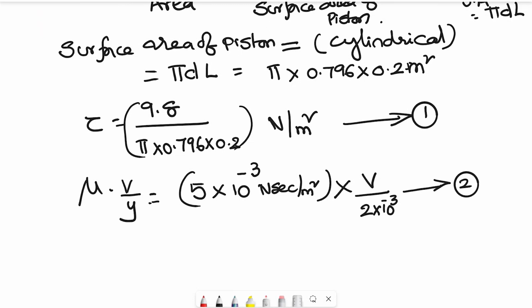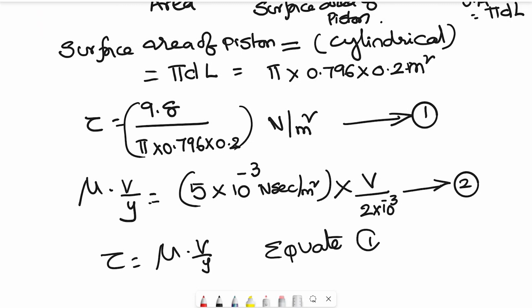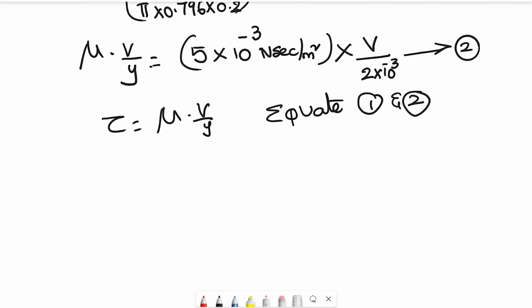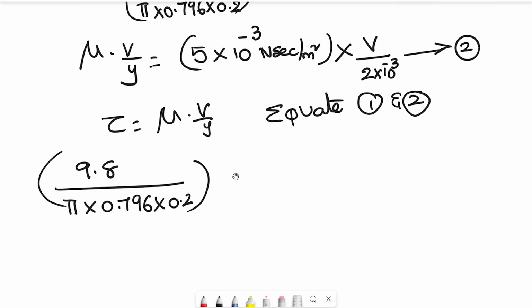So now equate tau is equal to mu into v by y. Equate 1 and 2. So you see, 9.8 divided by pi into 0.796 into 0.2 is on the left hand side.